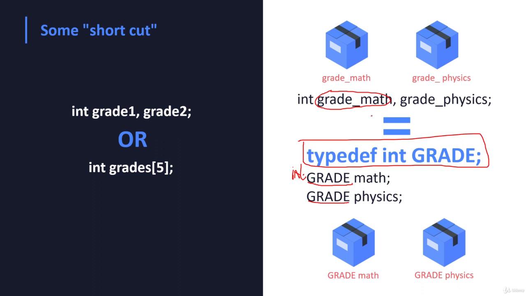So it will be very useful for you, when you're reading the code, to understand that this math variable is of type Grade, and not only that, you also know that it should represent a grade. And you have one line where you see these equivalents, whether it's int, float, and so on.